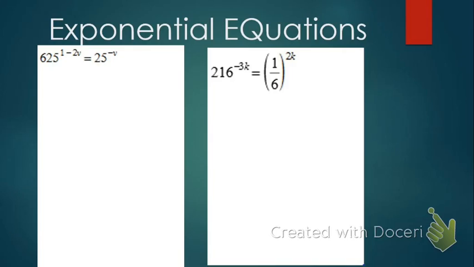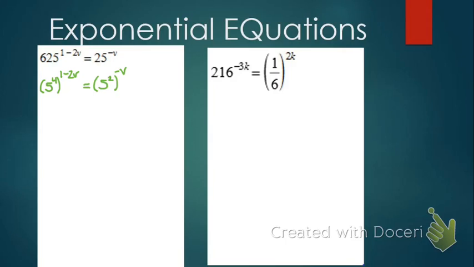They can be changed to be a base of 5. So 625 can be written as 5 to the 4th power, and then 1 minus 2v is your exponent. 25 can be rewritten as 5 to the 2nd power, all to the minus v.